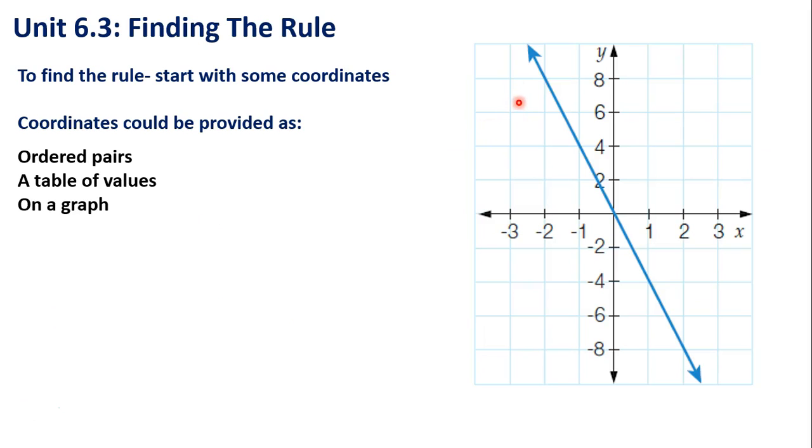Okay, last one. So again, we need to find some coordinates to use to work out the rule. So we'll say this point, which is at x equals negative 2, y equals 8. We could take this one. So x is -1, y is 4.